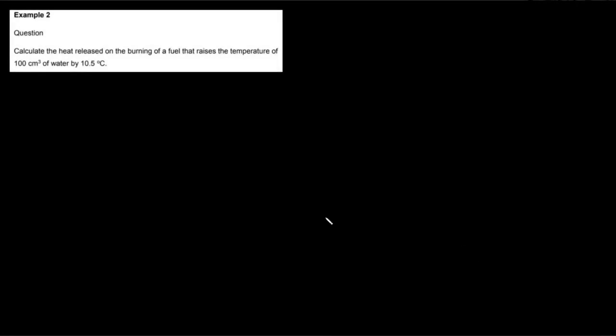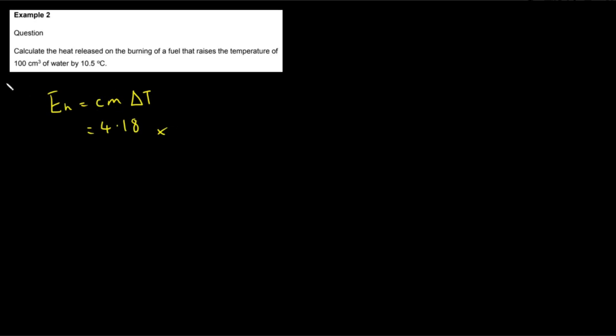Okay, let's just look at one more example to round off the video. Calculate the heat released when burning a fuel that raises the temperature of 100 centimeters cubed of water by 10.5 degrees. So, heat energy equals Cm delta T. We're heating up water, so I'm going to use the specific heat capacity of water, 4.18.